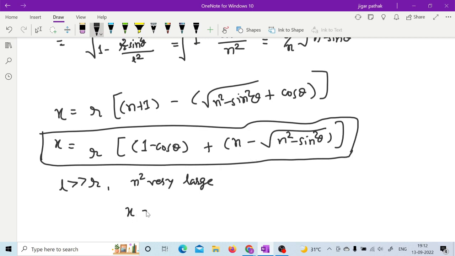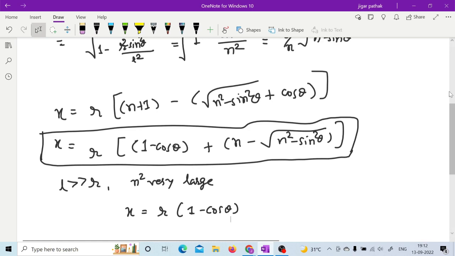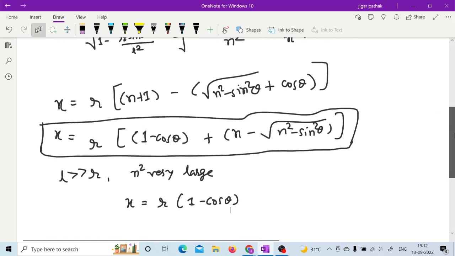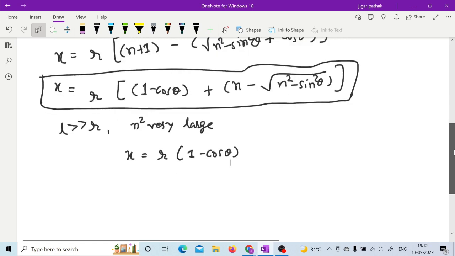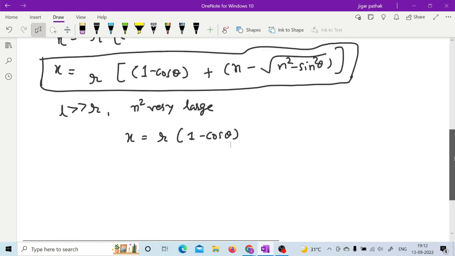So your equation will be simplified to x is equal to r in bracket 1 minus cos theta only. This is how you can simplify it if the length of connecting rod is much larger than the length of the crank. So this is the displacement of your piston.